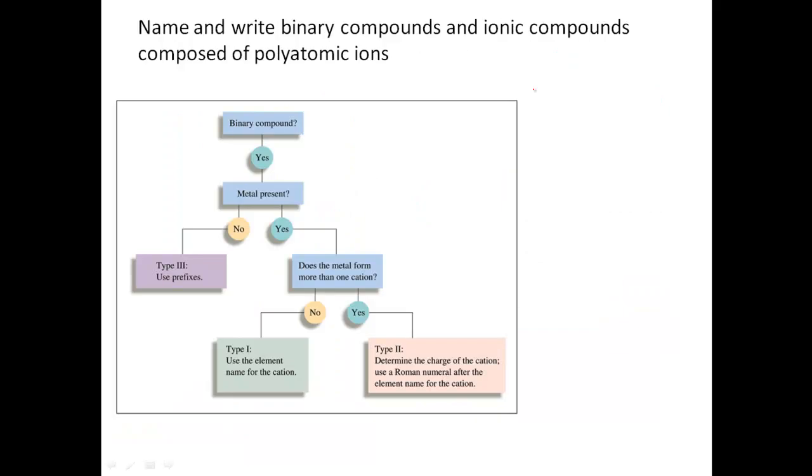And in this chapter, we're learning to name 3 kinds of compounds. Binary compounds, which are composed of just 2 elements, so the word binary. We'll be looking at naming ionic compounds where the ions have more than one atom.